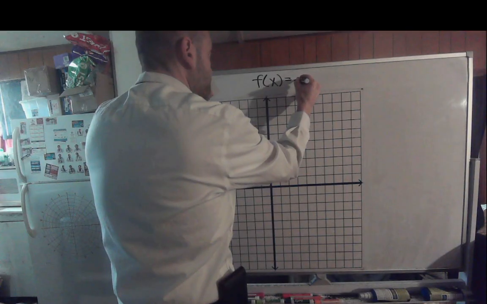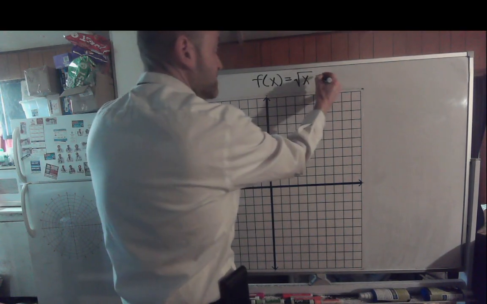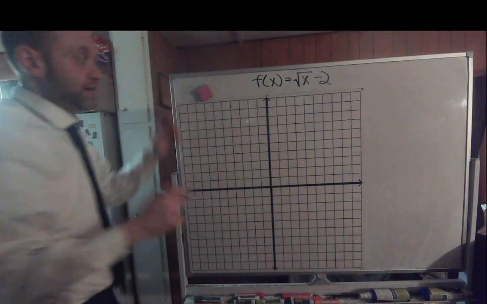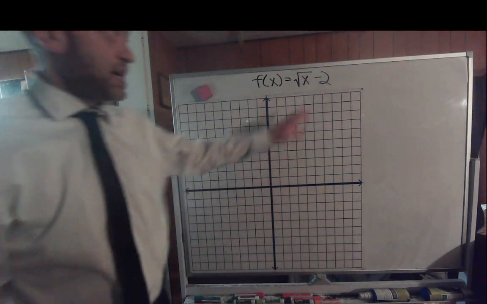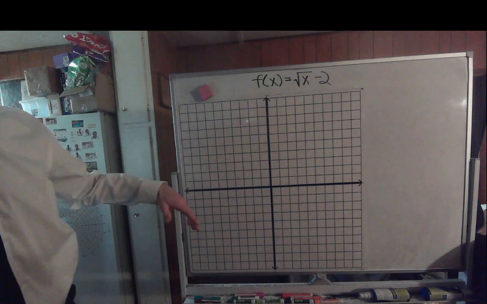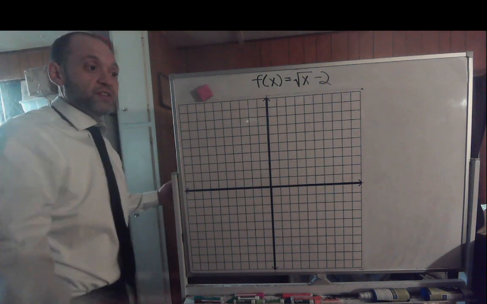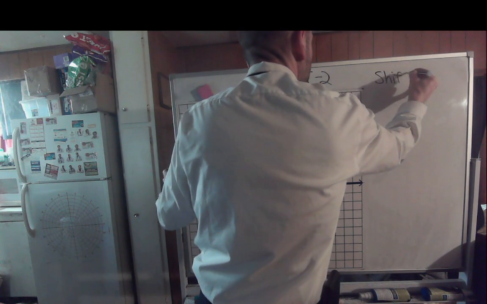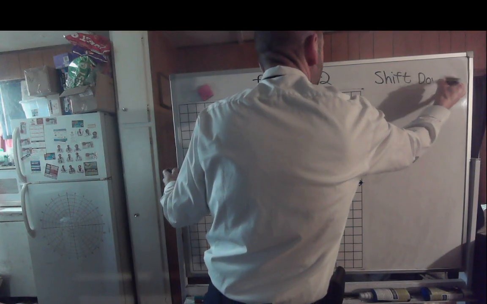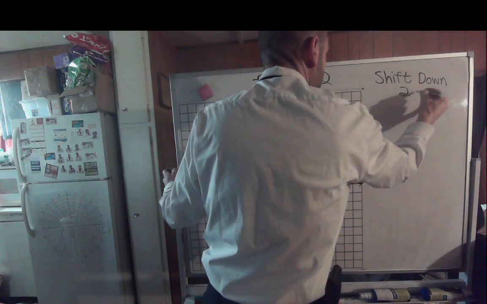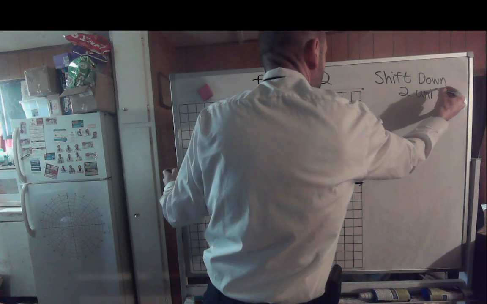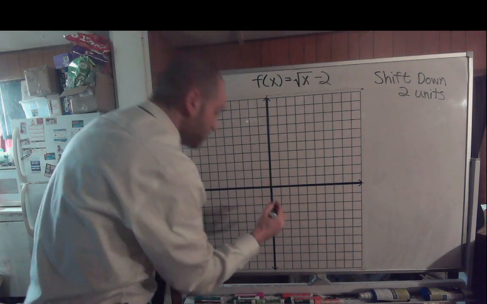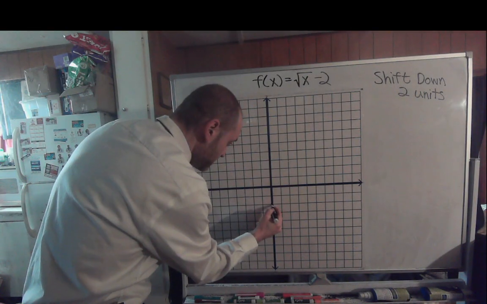Let's say I have the square root of x, then outside of that radical sign, minus 2. So this time the 2's outside of the radical sign. Well, I'm just shifting everything downward 2 units. So this is a shift downward of 2 units. So when x is 0, I would actually have a y value of negative 2.